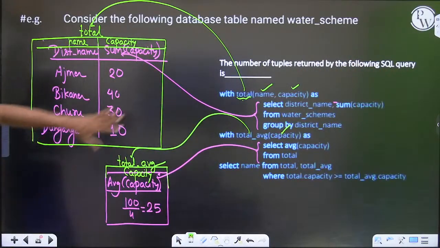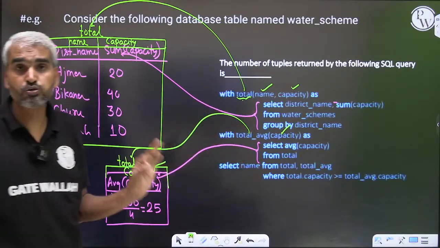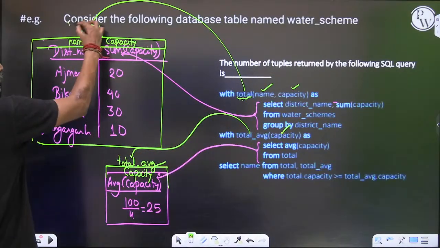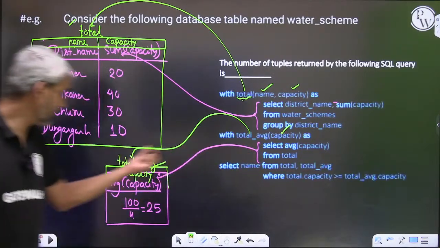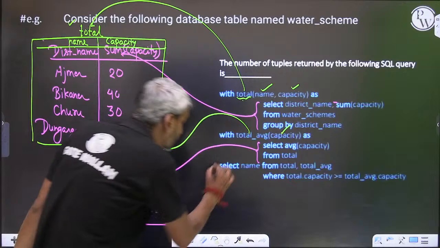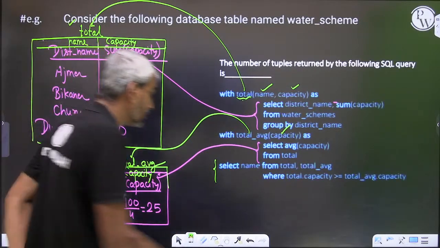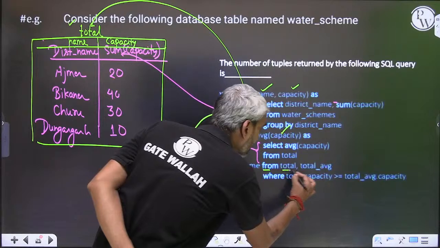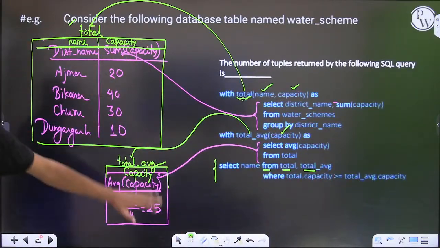Now, after the execution of these two subqueries, one relation will be total with two attributes, name and capacity. Another relation will be total average with the only attribute capacity. Now this main query will execute. So it will select from total, comma, total average, meaning it will perform the cross product of total and total average.